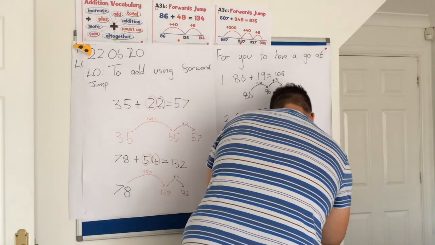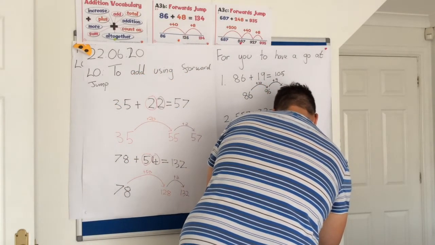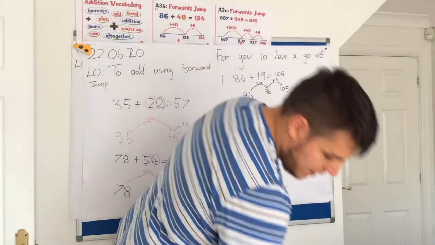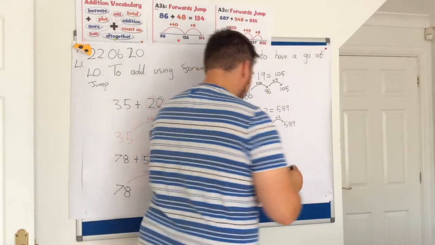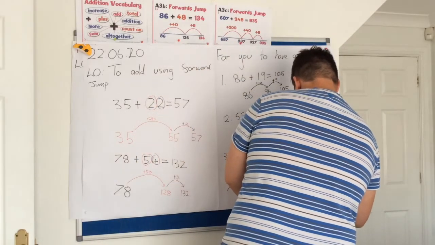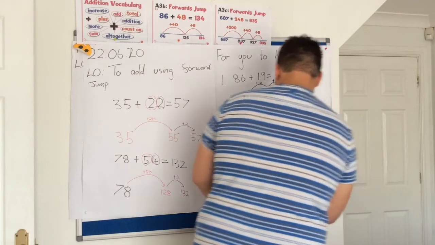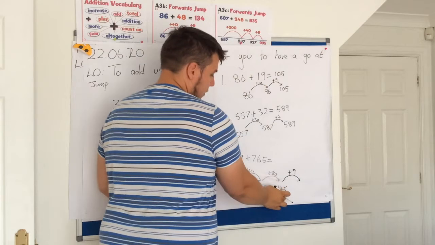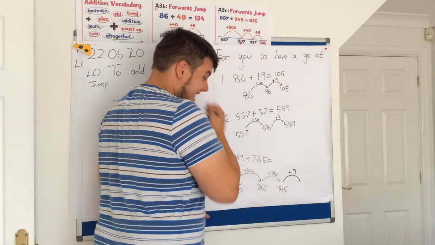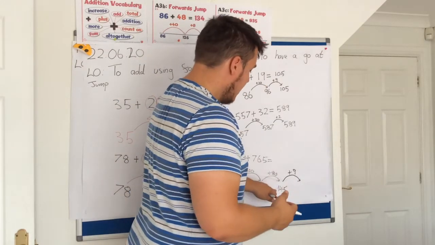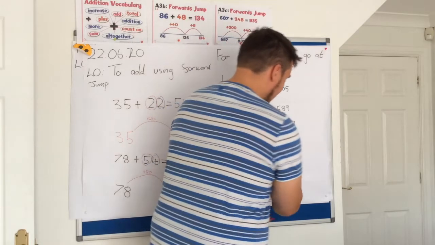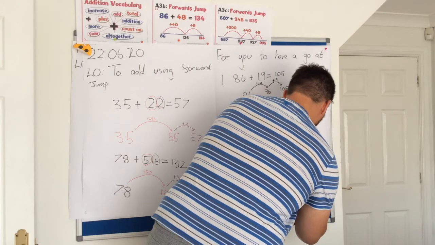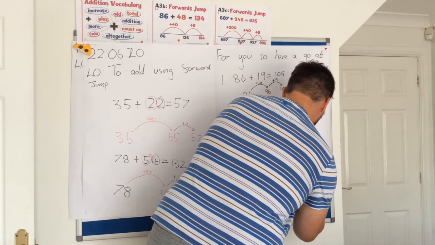A bit of a tricky one that. 945, so I've now added my tens, and now last thing I'm going to do is add my units. The units have got 9, so I've got 9 units. 945, because it's 9 I could add 10 and take one away. 945 becomes 955 if I added 10, take one away, I'd get 954.